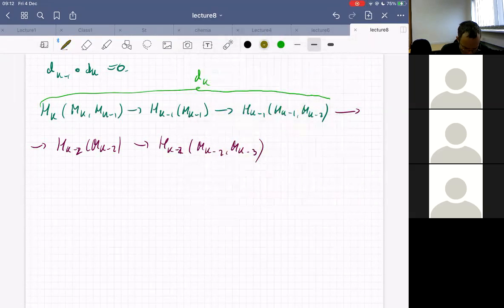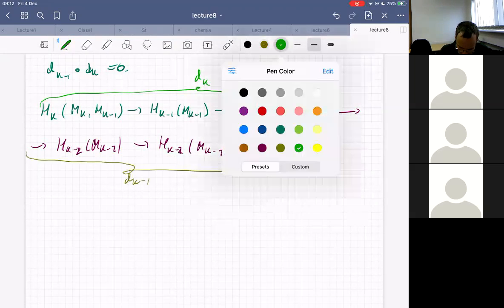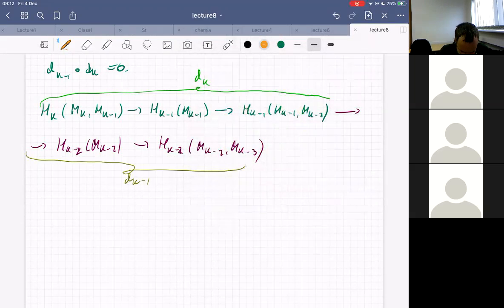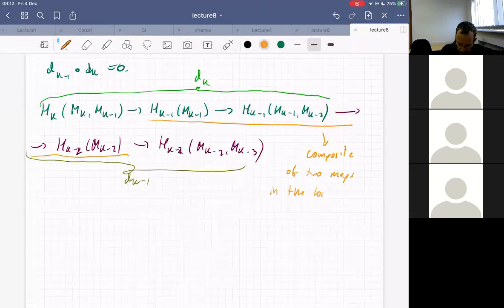Let me just write dk minus 1. But then you see that this part is a composite of two maps in the same long exact sequence of the pair mk minus 1, mk minus 2.